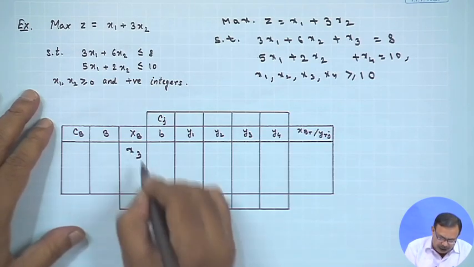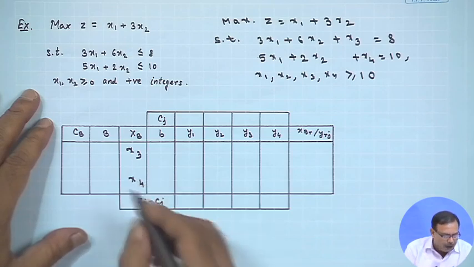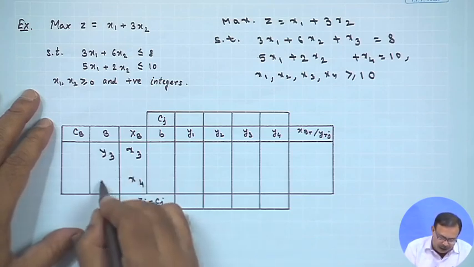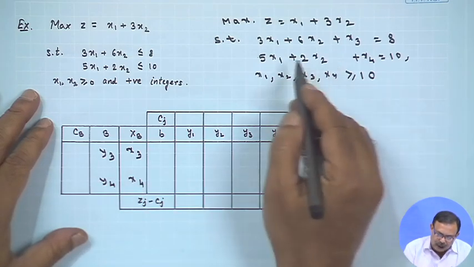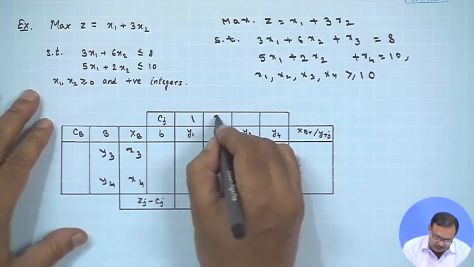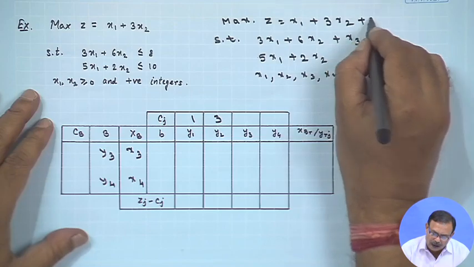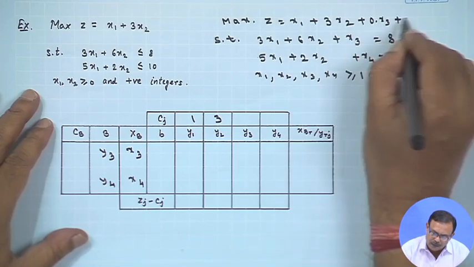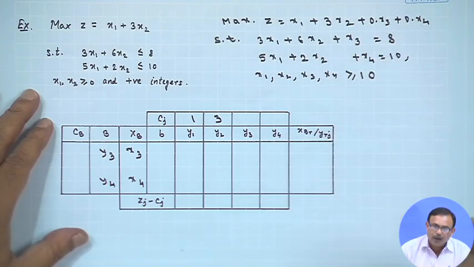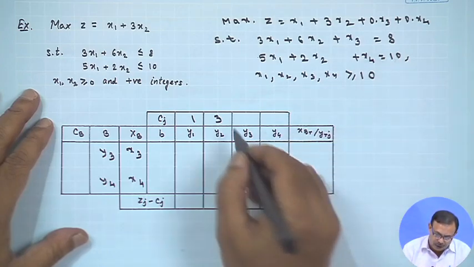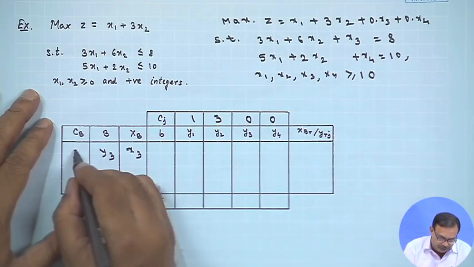So, you are writing x3 and x4. Your b values will be y3 and y4. The Cj's are 1, 3, and corresponding to x3 and x4 it will be 0 into x3 plus 0 into x4. So, these values are 0, 0.